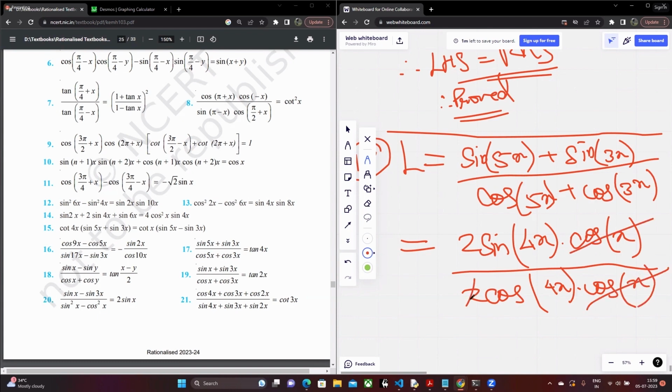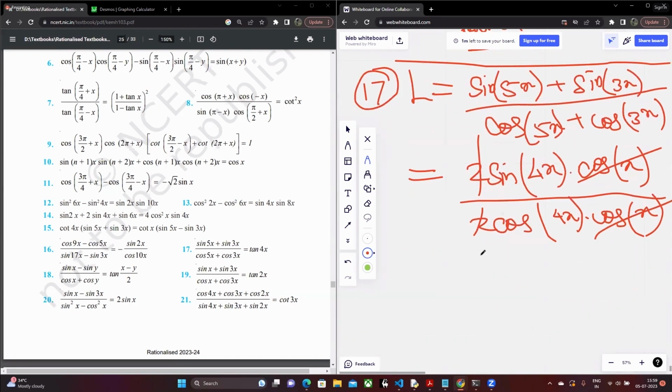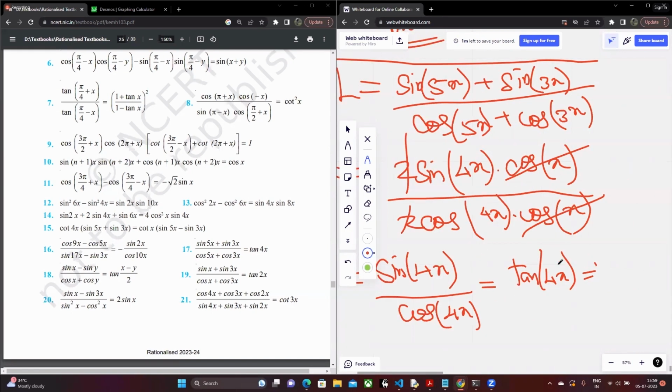The x and x cancel out, the 2 cancels out, you are left with sine of 4x divided by cos of 4x, which is equal to tan of 4x, which is the RHS. Therefore, LHS is equal to RHS. Therefore, proved.